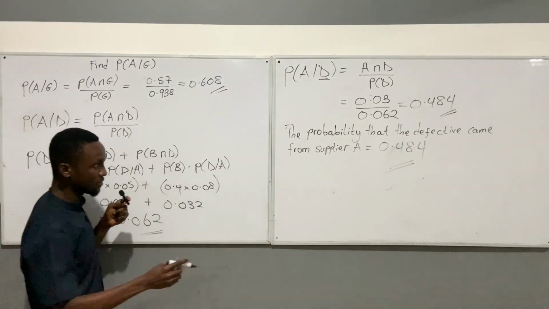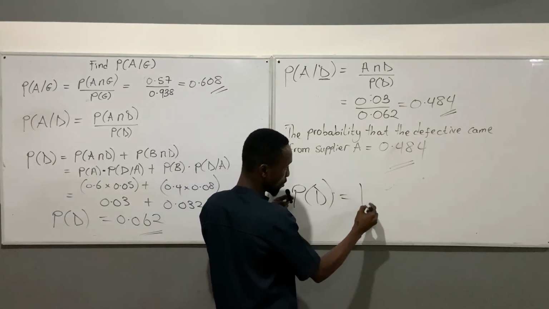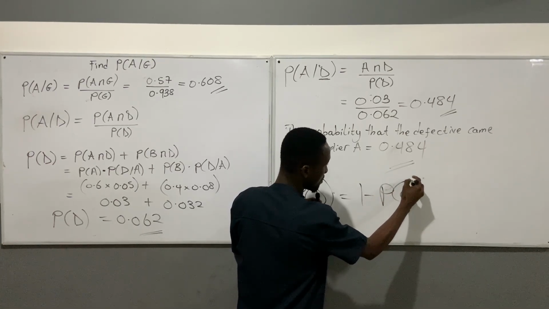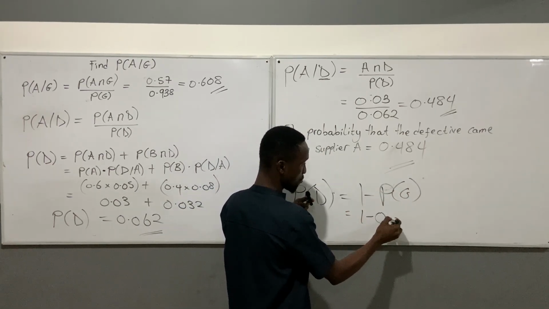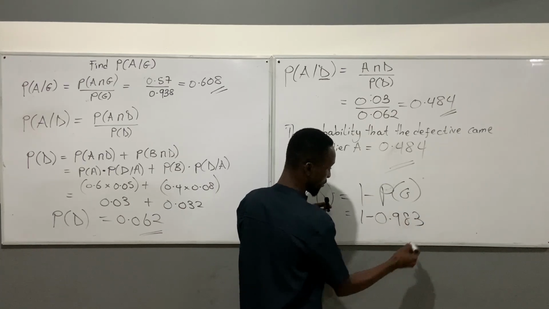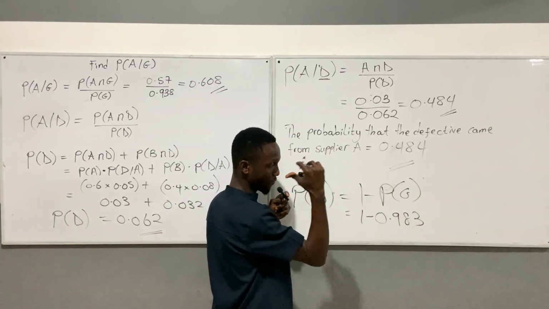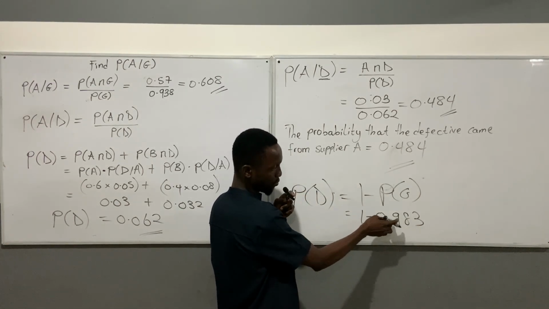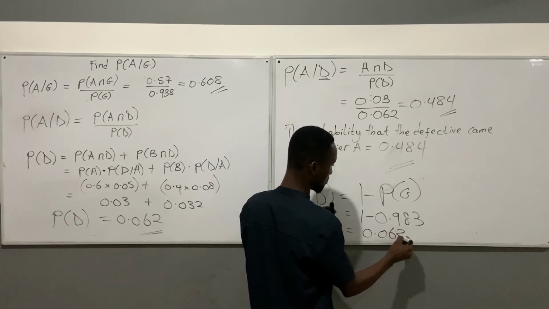So the probability of D, P of D, can also be equal to 1 minus the probability of G, which is giving us 1 minus 0.983. This value was the probability of G. If you go back, you get 0.983. So this result is giving us 0.062.